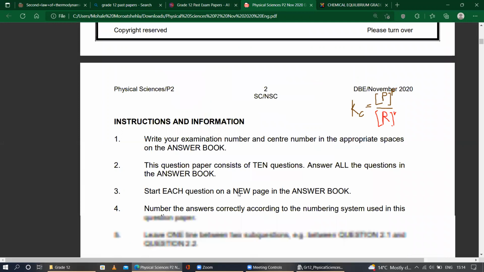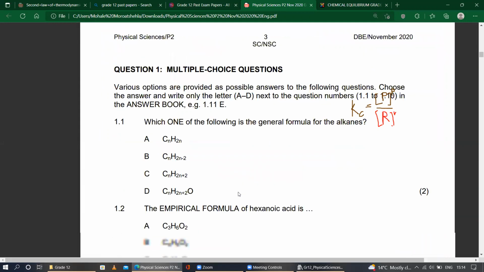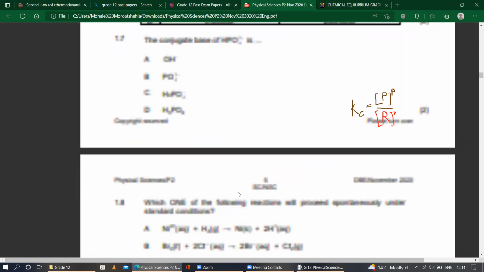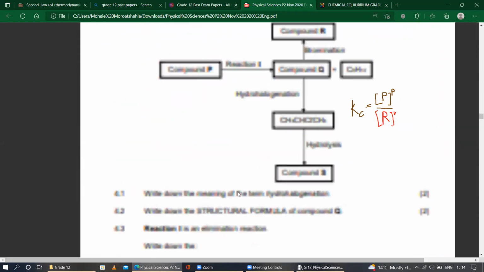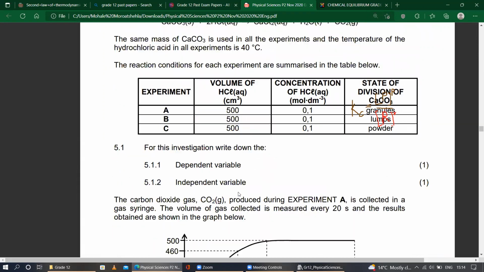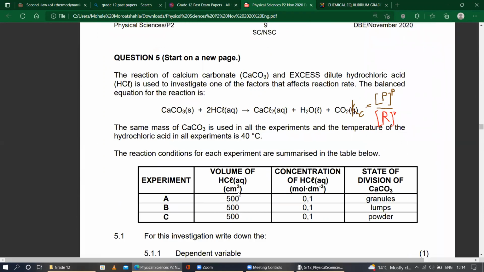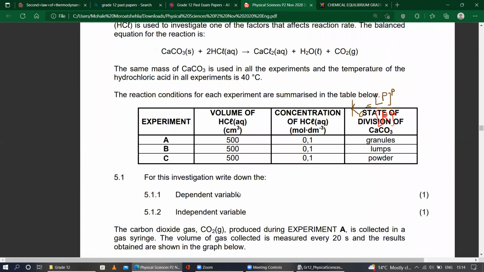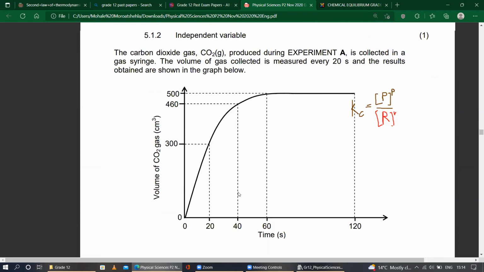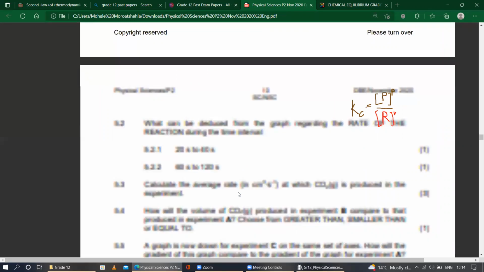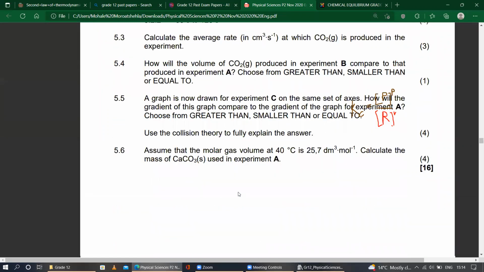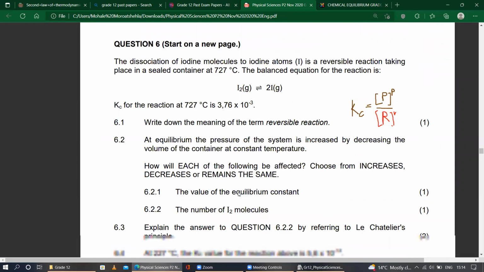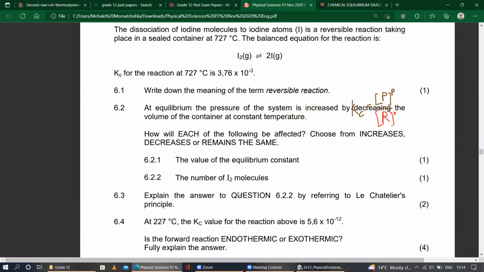Okay, so let me just do this. Chemical equilibrium. Volume over time. This is the rate of reaction. Question 6.